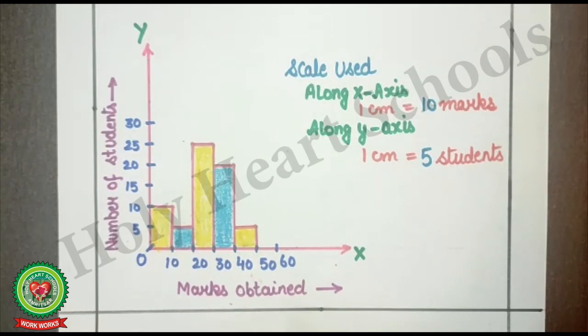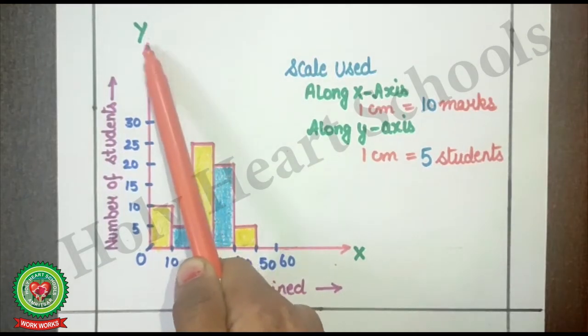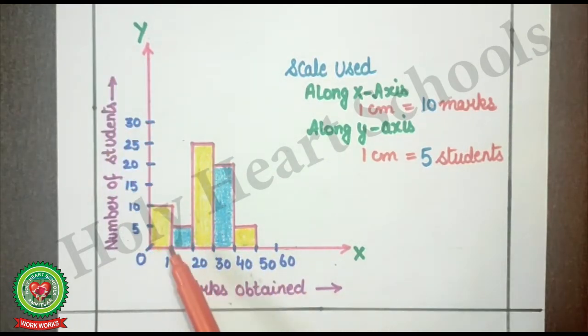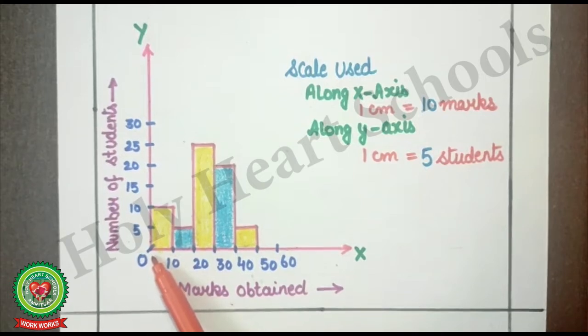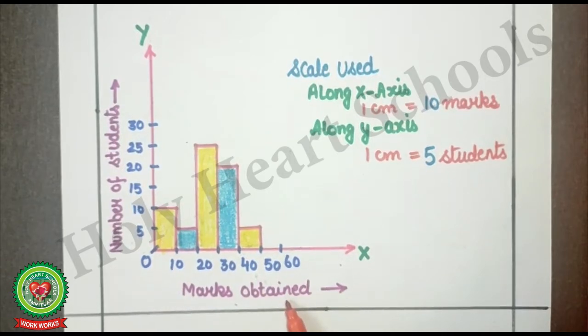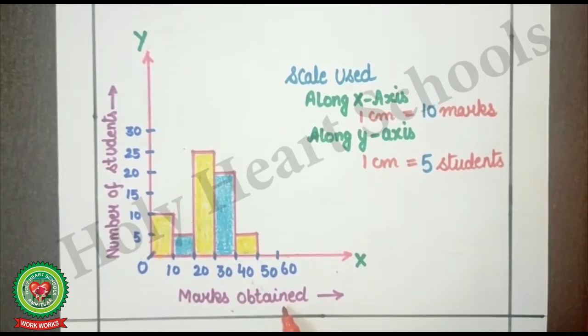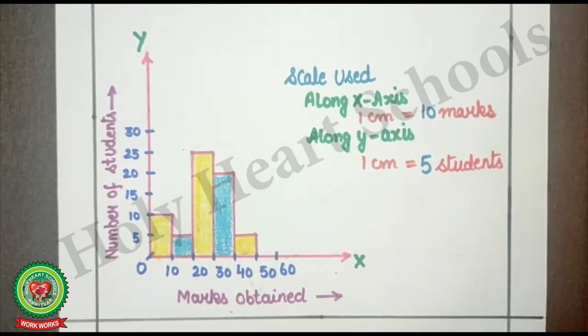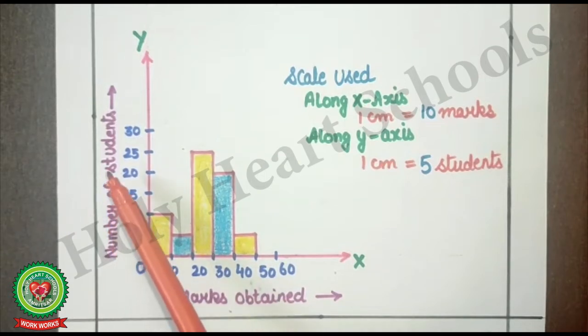Here, we are having the x-axis and y-axis, and where the x and y axes intersect, that is O, which means origin. On the x-axis, marks obtained information is given, and on the y-axis, number of students are given.